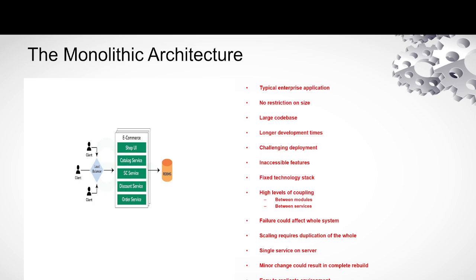The key characteristic is that as you add stuff to your application, it keeps on growing. There is no restriction in the size, there is no division, there is always one package which contains everything, and therefore you also end up with a large code base. And because the code is so large, it might also take the team longer to develop new functionality within the application.